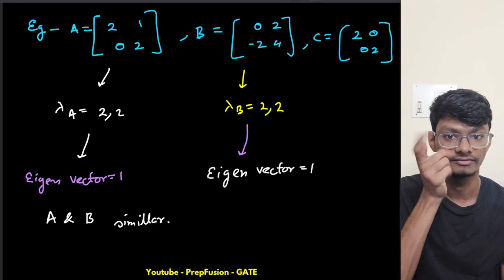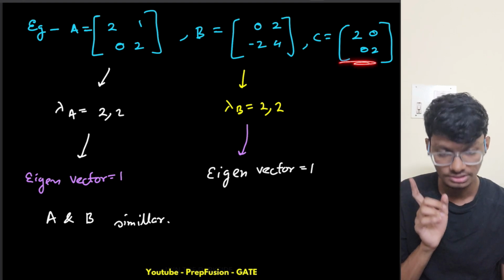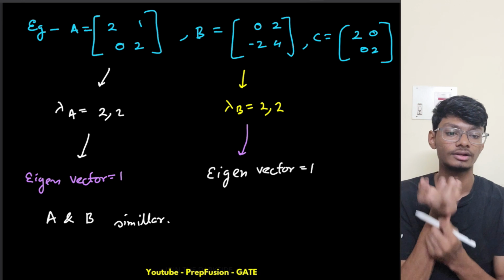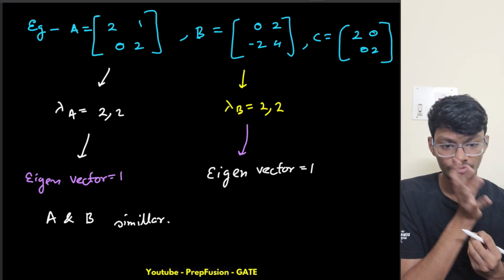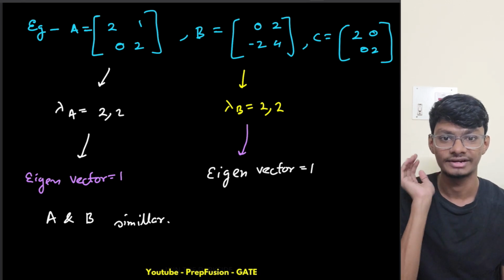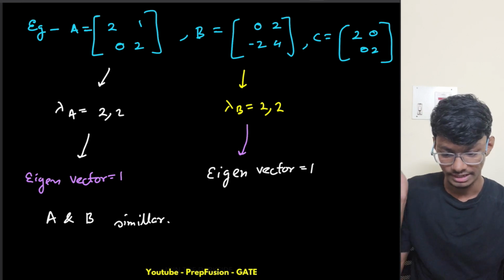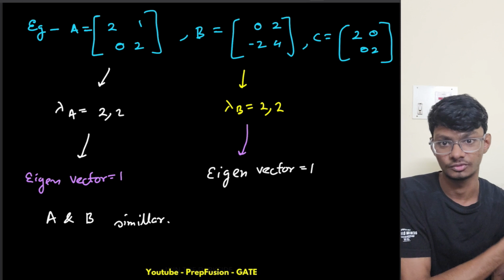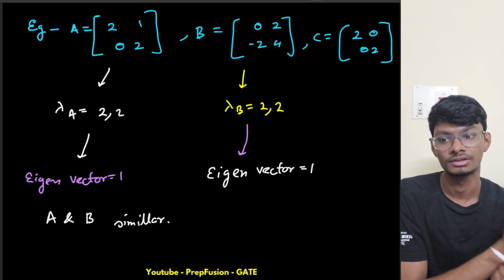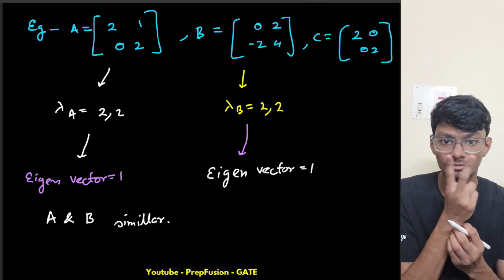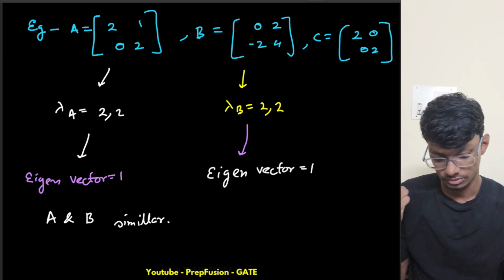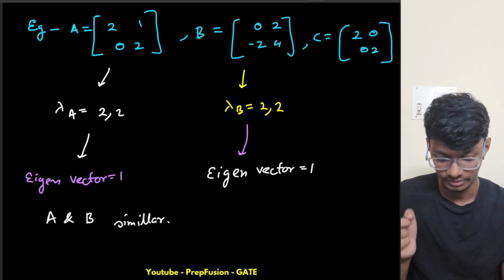Can you identify that matrix? If I take 2 common, this is just an identity matrix. And what did I tell you about the identity matrix? The identity matrix can have infinite eigenvectors. Why? Because anything that I multiply with the identity matrix, I will get that matrix only. And the eigenvalues are the same, 2 comma 2.